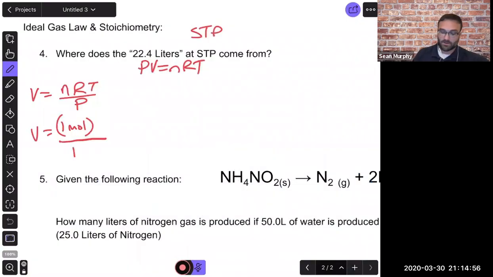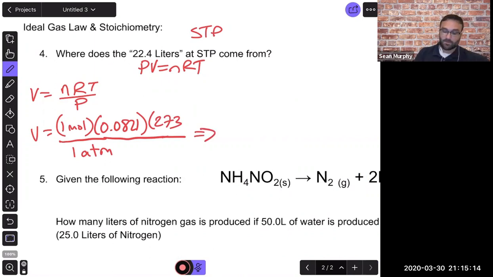So if we're going to do atmospheres for pressure, the R has to be 0.0821. And then the temperature at STP has to be in Kelvin, so it's 273. If you multiply and divide, which you should just be dividing by 1, it should work out.